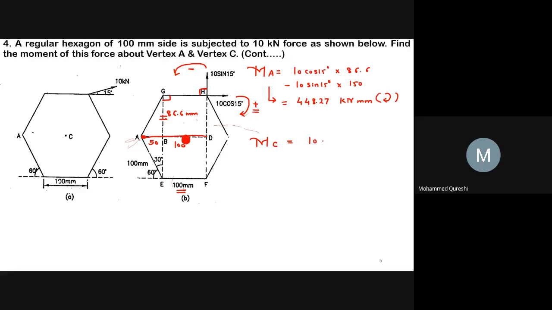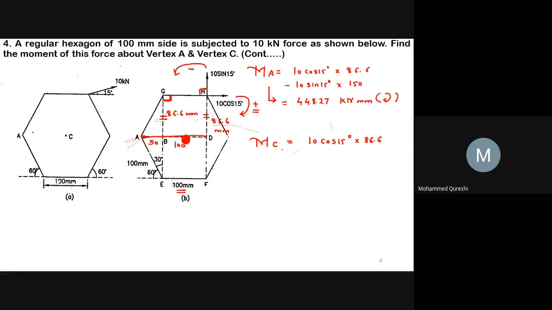So I will write here 10 cos 15 degree, and this 10 cos 15 degree makes a perpendicular distance 86.6 with respect to point C. So 10 cos 15 into 86.6, as BG equals 86.6, hence your HD will be also 86.6 mm. So it will be plus.